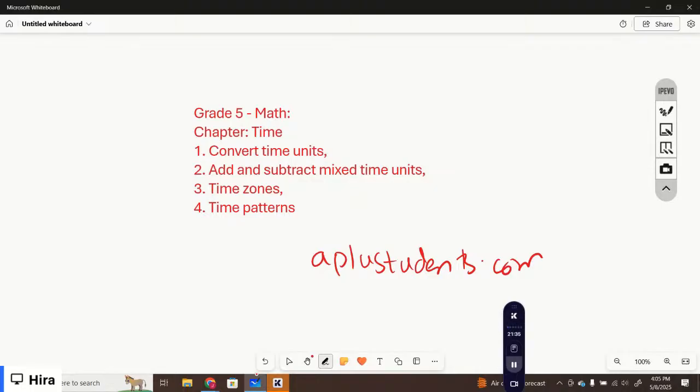There you can find a list of lessons. We're going to start with the chapter time. The lessons we're going to cover today are convert time units, add and subtract mixed time units, time zones and time patterns.